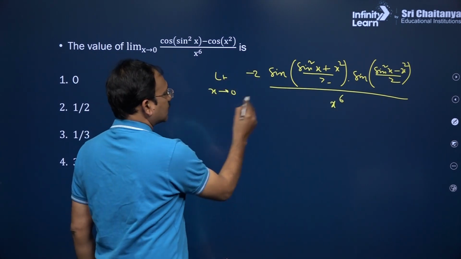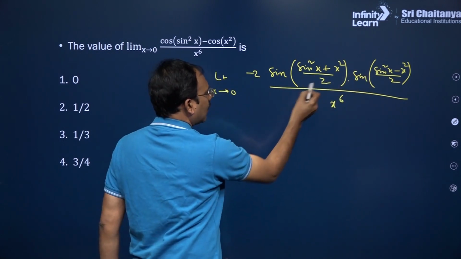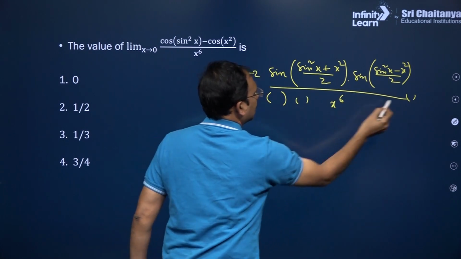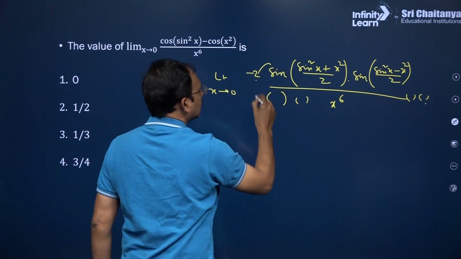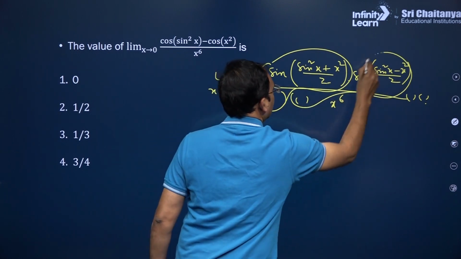Now as x tends to 0, this goes to 0, this goes to 0. If it is theta, why don't you multiply with this theta here and this theta here? In that case, this totally will become 1, this also becomes 1.